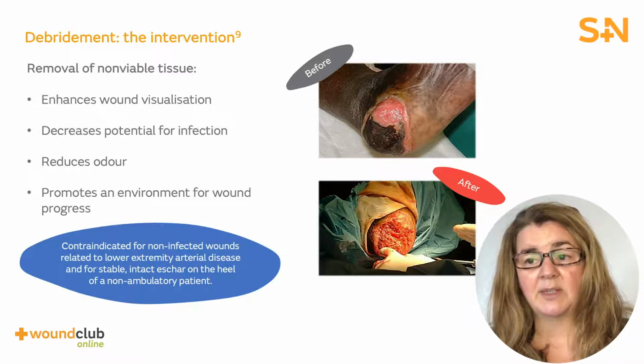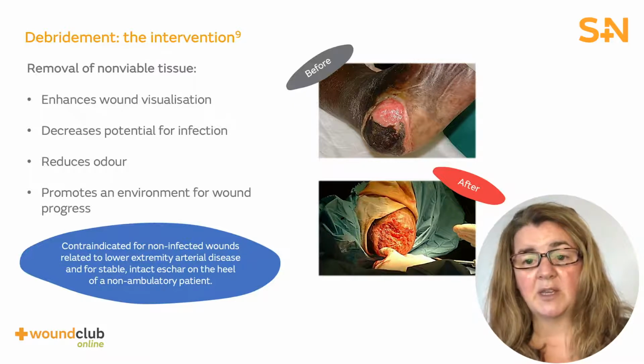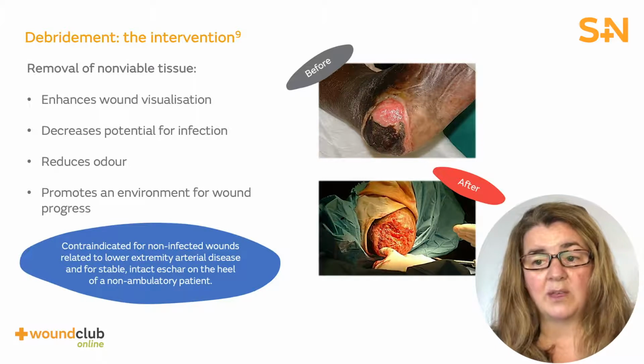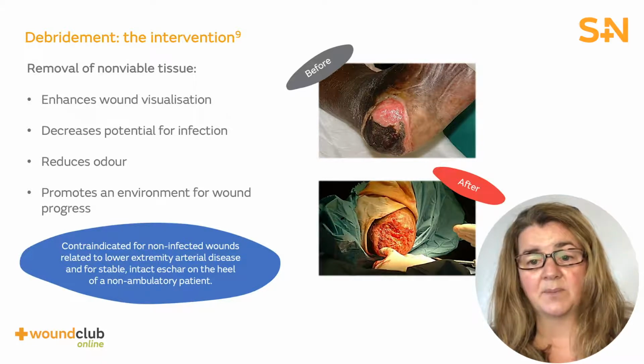Ultimately, debridement promotes an environment for wound healing. It's important to note that debridement is contraindicated for non-infected lower extremity wounds related to arterial insufficiency. These wounds have limited blood supply to support healing. Additionally, debridement should not be conducted on intact eschar on the heels of non-ambulatory patients.